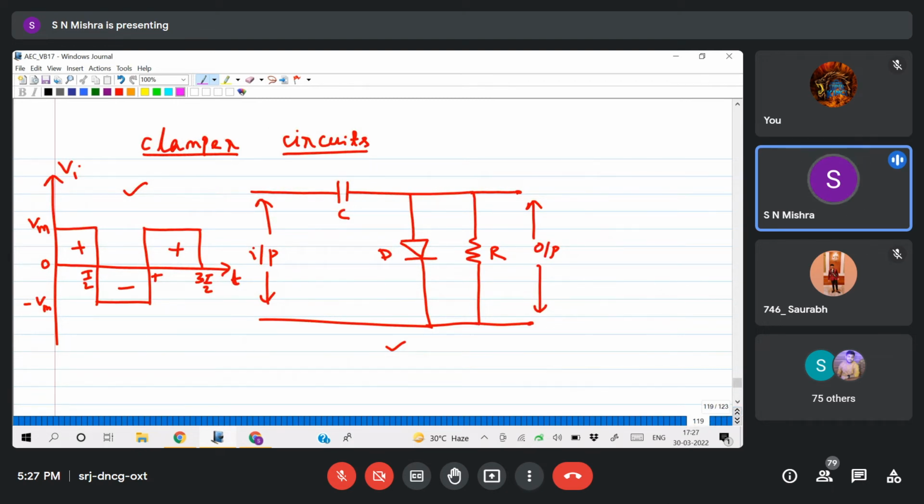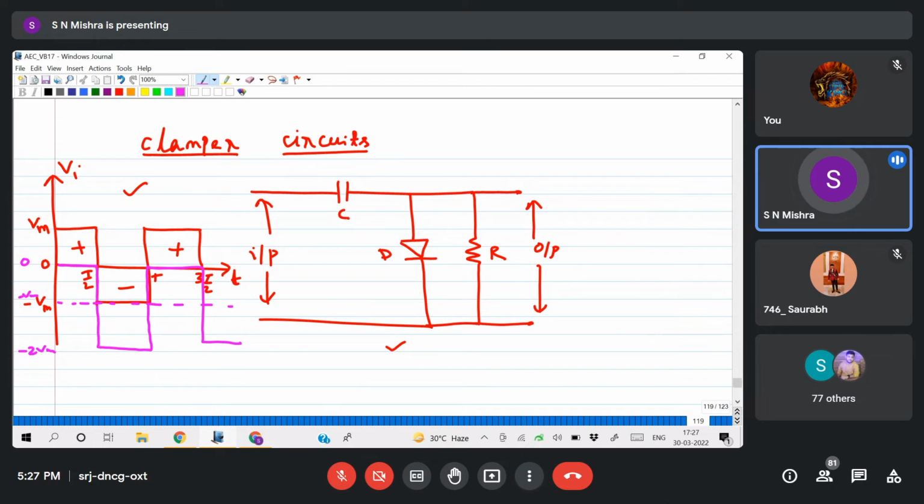Now I redraw the same graph here, where this is 0, this is minus 2 Vm, and the average is minus Vm.